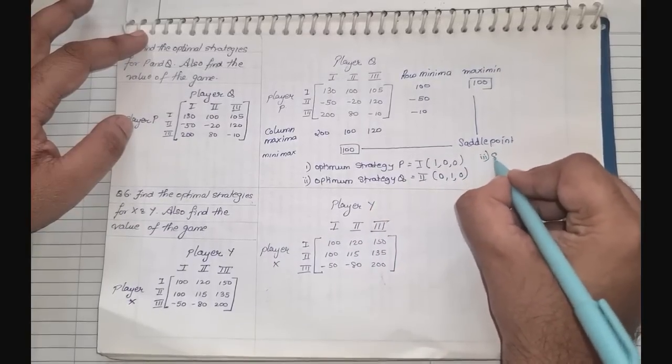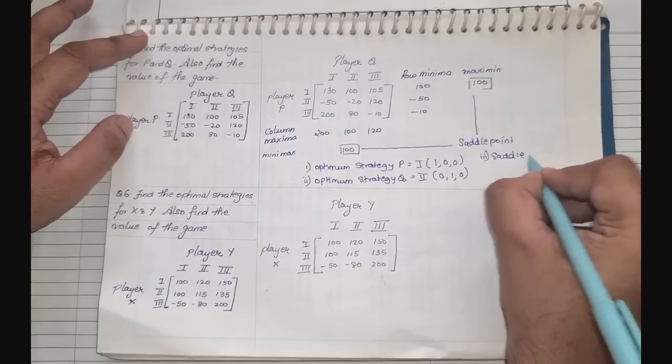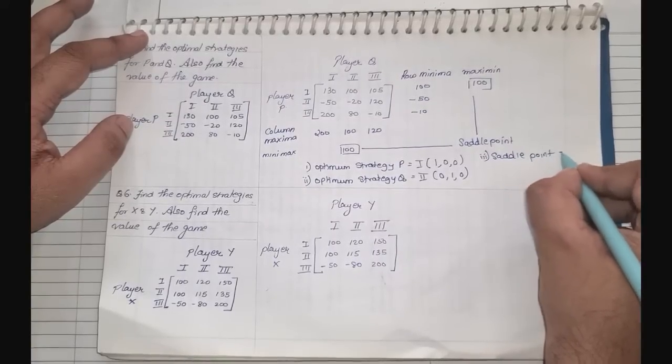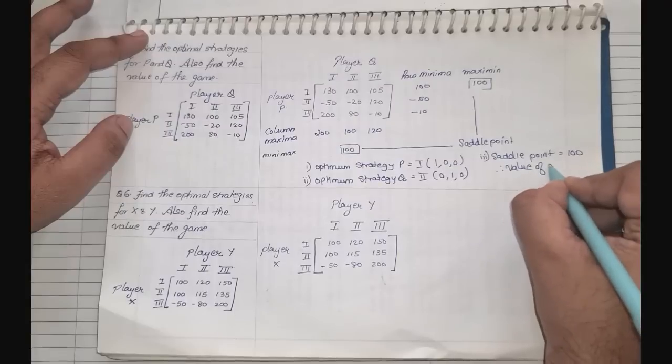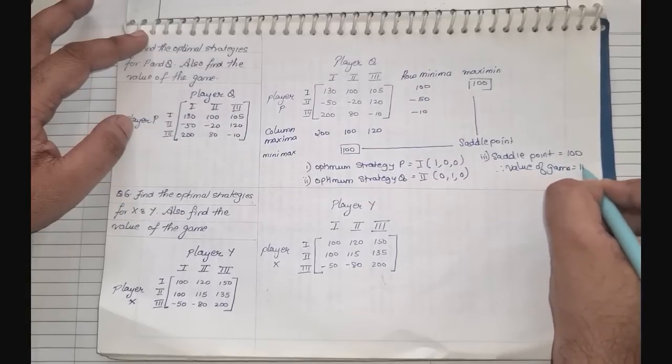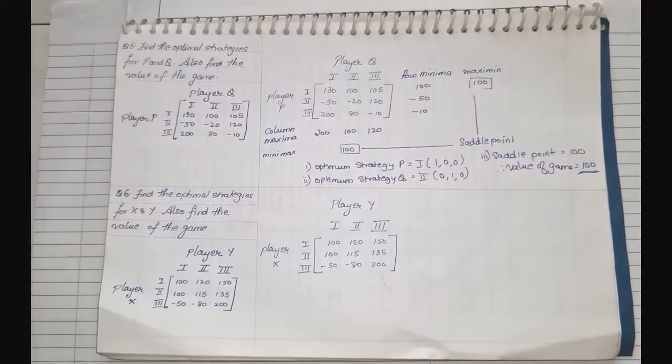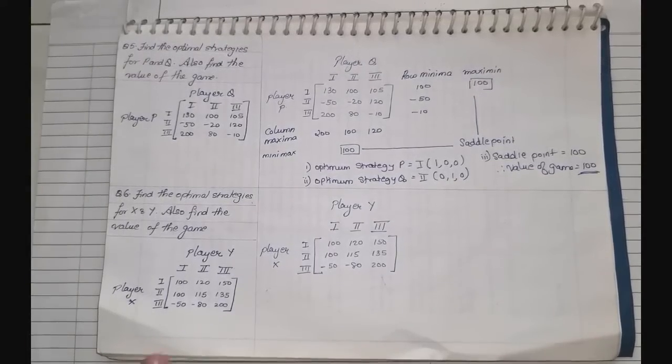And third, the saddle point is equal to 100, therefore the value of game is also equal to 100. Okay, same rule, nothing else, whatever sums come under this particular topic, this is how you all have to solve.